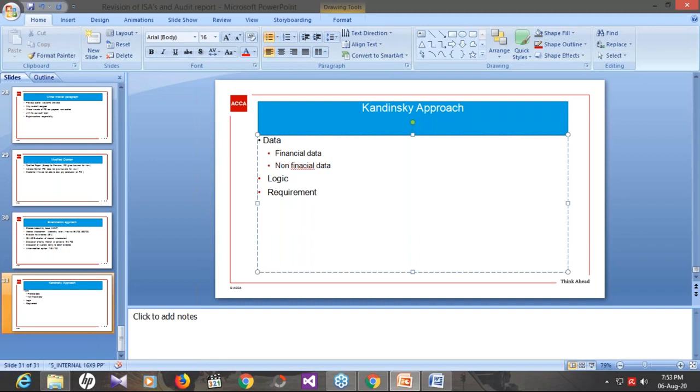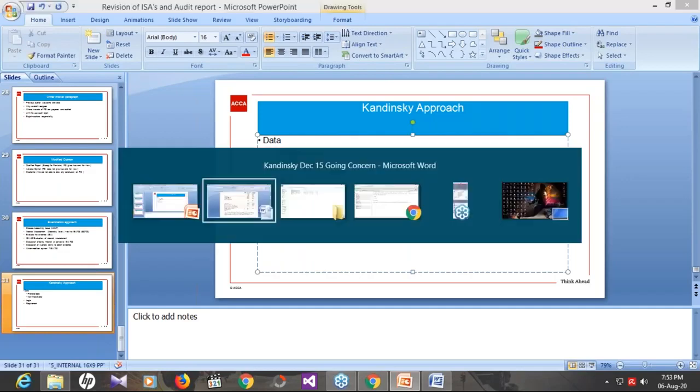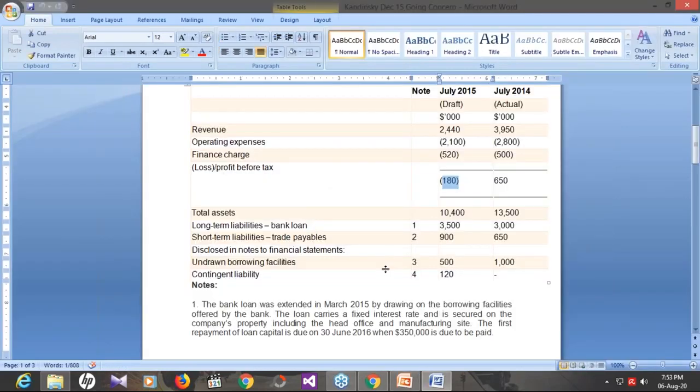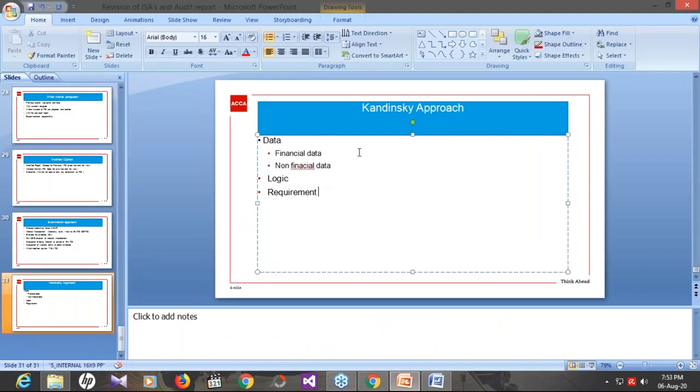So if we apply this technique to this data, note number 1. Let's go back. There are two types of data: financial data and non-financial data. First of all, we pick financial data. So what is financial data here? 500,000 increase in long-term liability.